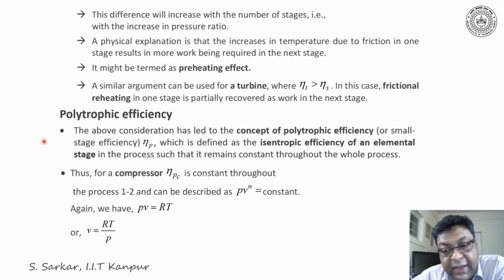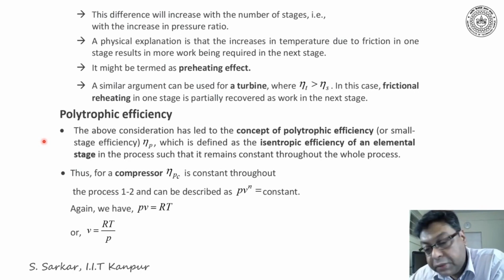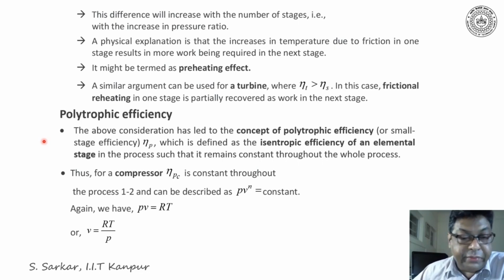Thus, I like to say further, I'm considering the compression or expansion occurring through a large number of stages where the isentropic efficiency of this elemental stage is assumed constant, and that is denoted by eta P.